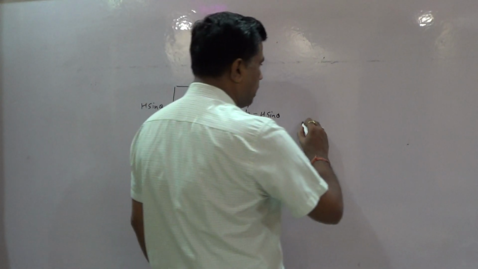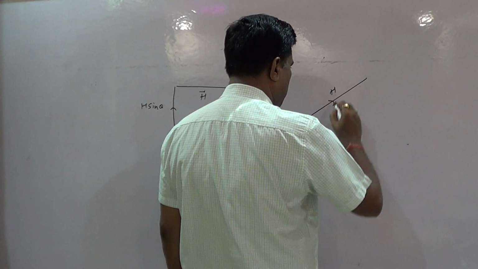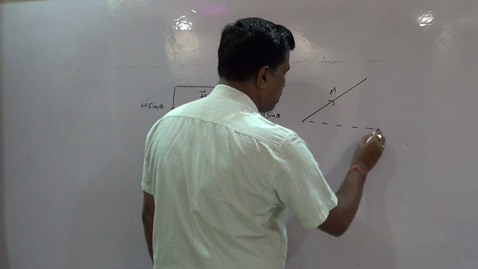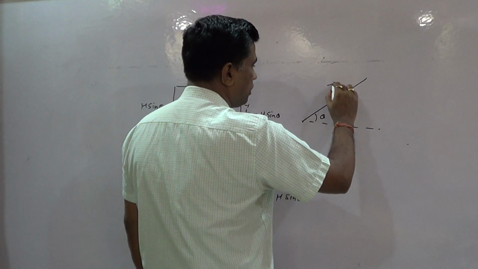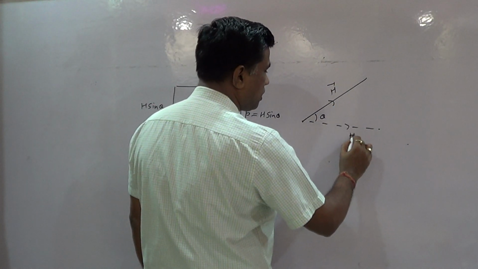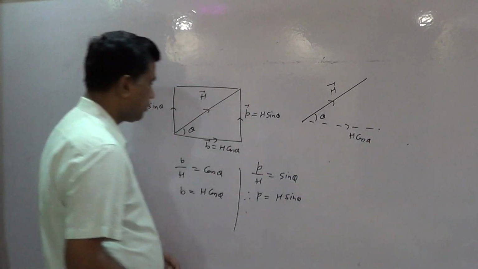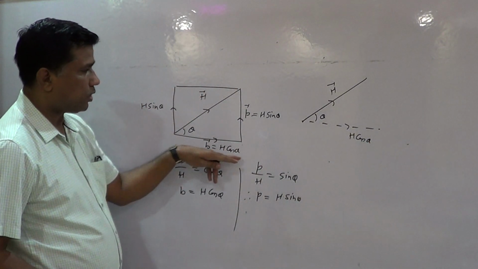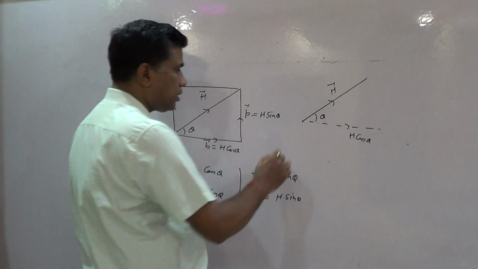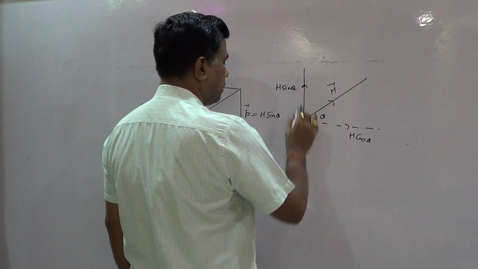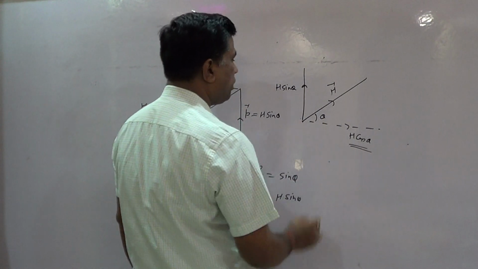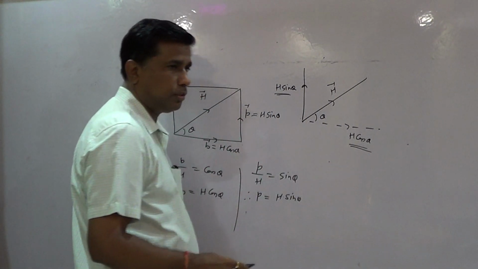So you can learn like this: if this is vector h and it is making some angle theta with this line, then the component of this vector along this direction is h cos theta. See, this component is h cos theta, and this component is what? h sin theta. So this one is called the horizontal component and this one is called the vertical component.